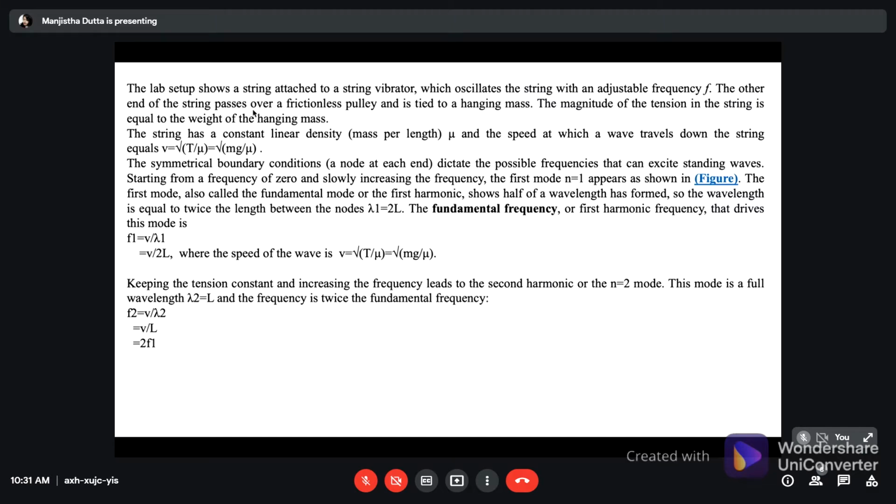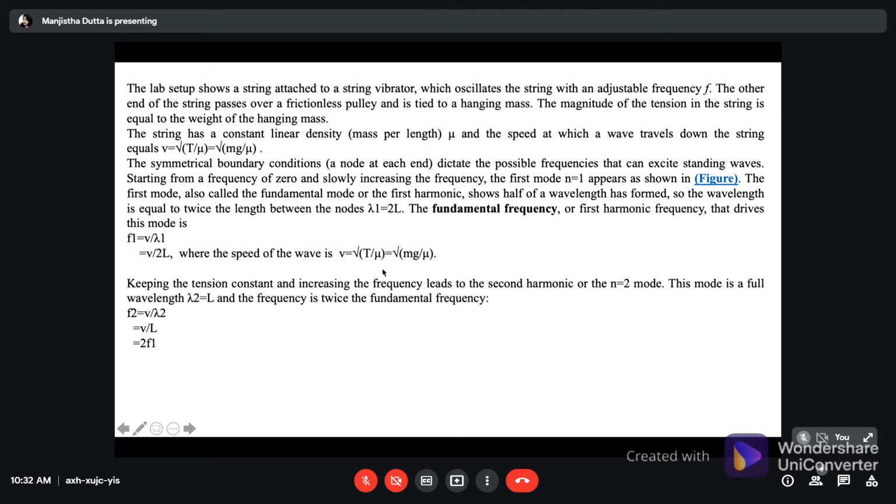So F1 is v by lambda 1, and we have already seen that the value of lambda 1 for the first mode is twice L. So v by twice L is our first frequency, and v is the speed of this wave, which is root over T by mu.